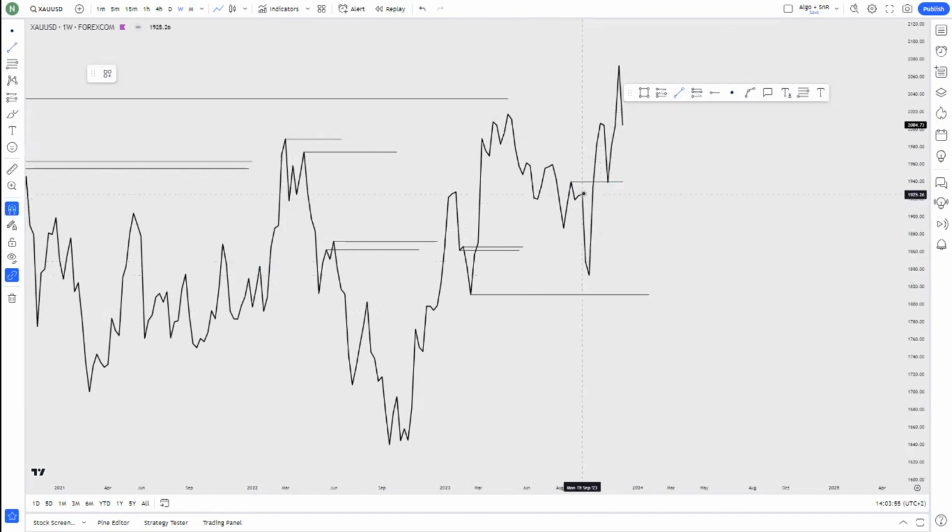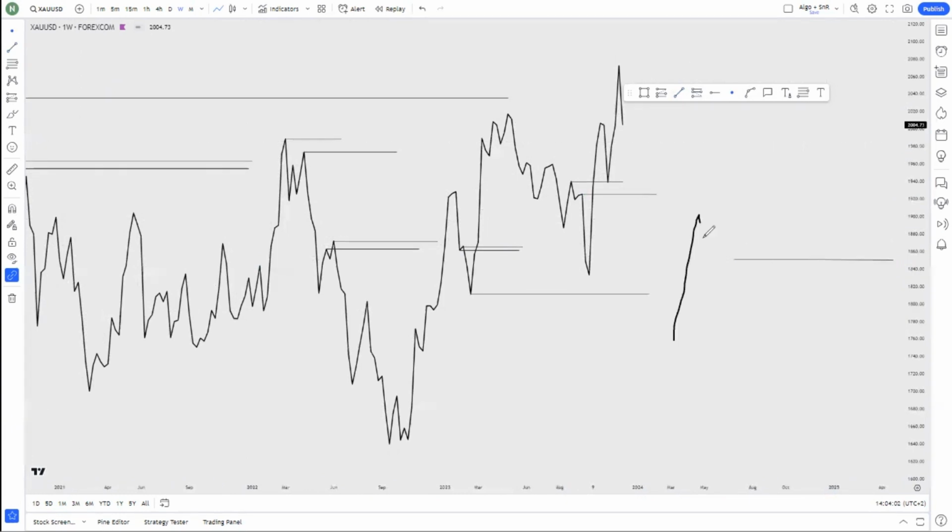This is a resistance right here. So every band or every shape that looks like this is going to be your support. Then this is going to be your resistance, and this is going to be your support. So here you anticipate a reaction, and here you anticipate a reaction right here.